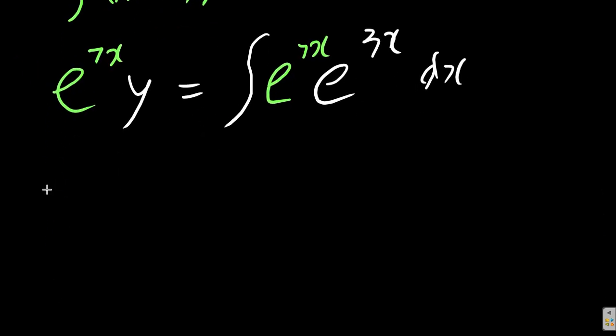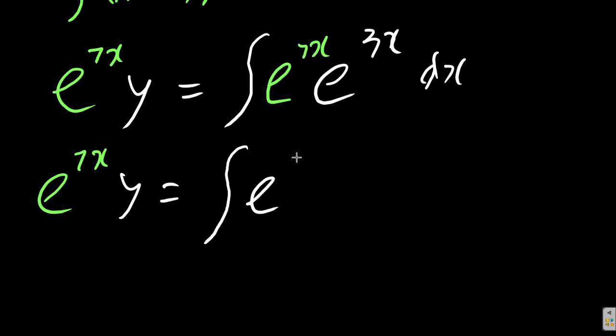So we have now e to the 7x times y is equal to, with our knowledge of the laws of indices, e to the 7x times e to the 3x. We add the indices, so what we have is e to the 7x plus 3x, which is 10x, dx.